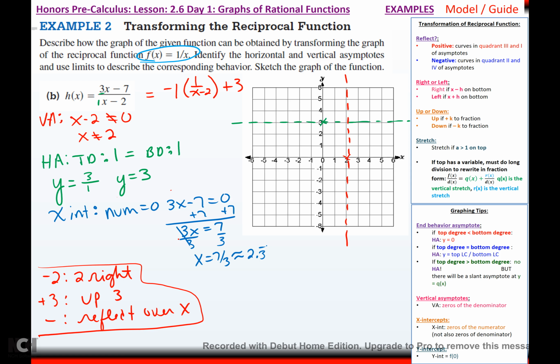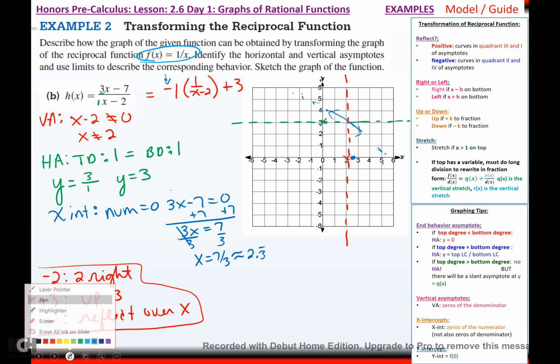Okay, so it's going to cross the x-axis at about right there. Okay, which tells me I'm boomeranging in these 2 quadrants. And I can tell that because that's negative. Anyway, just a little side note there.